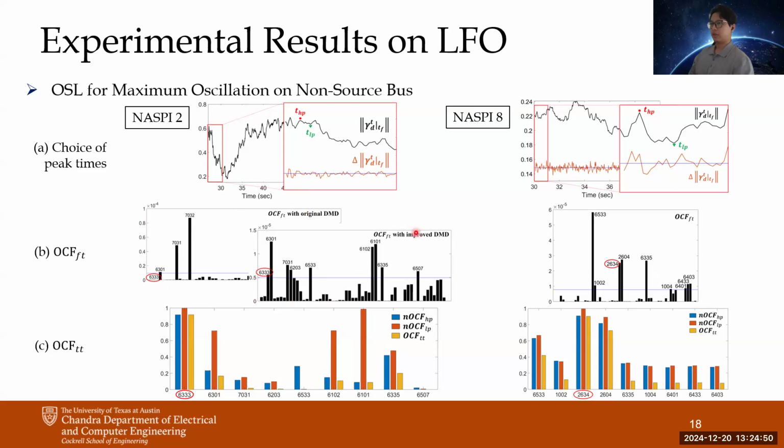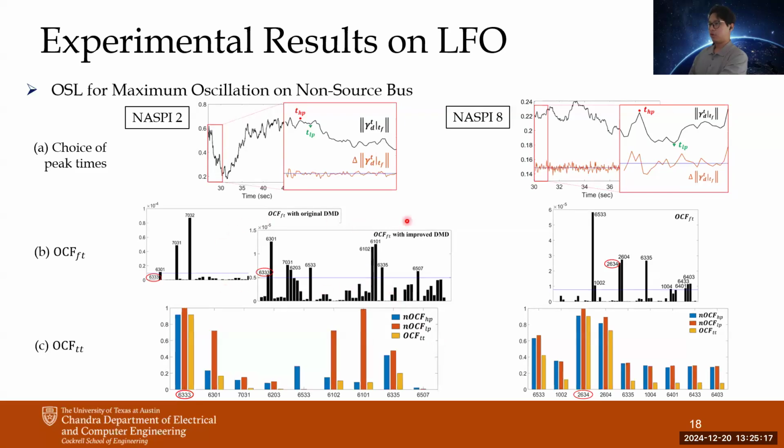If you see this figure, even if we use the improved DMD results, the source bus 6333 does not have the largest OCF active value compared to the other buses. But if we analyze only the early stage of the oscillatory energy, we can see that bus 6333 has the largest contribution factor value compared to the other buses.